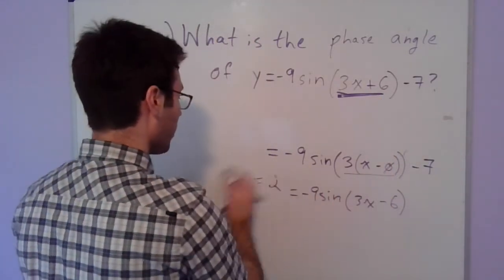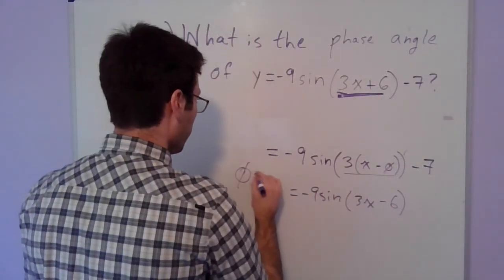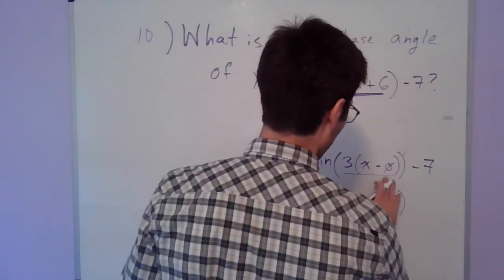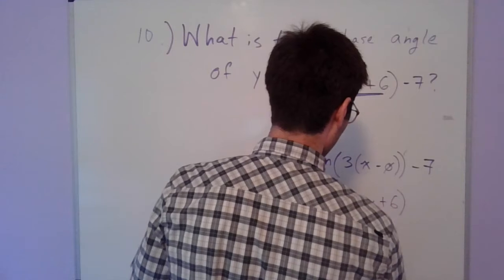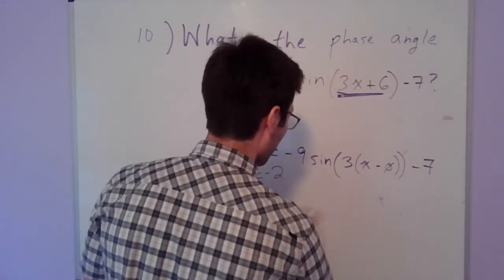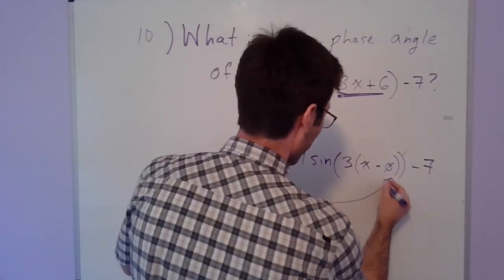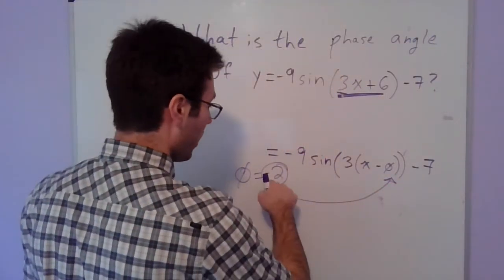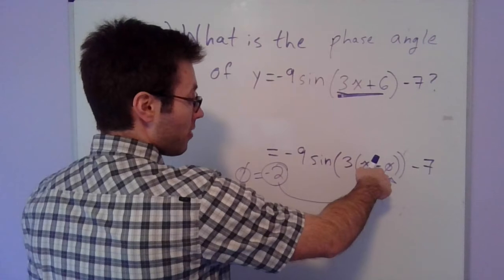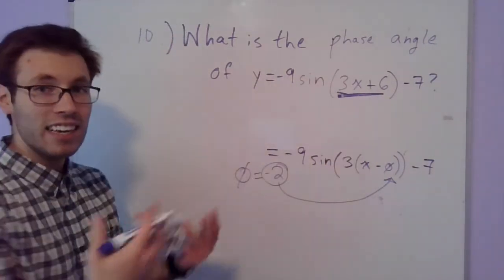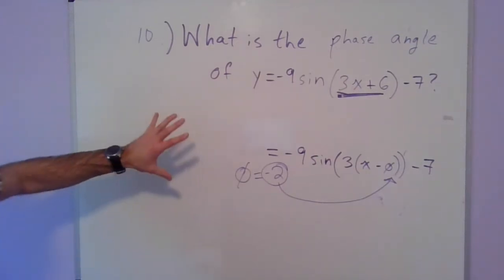So you can see that phi would be equal to -2, because it has to be positive right there. You see that -2 here? If I substitute it, -2 minus a negative is going to be a positive, so that would give me that value there. And it's kind of sneaky what I did right there.